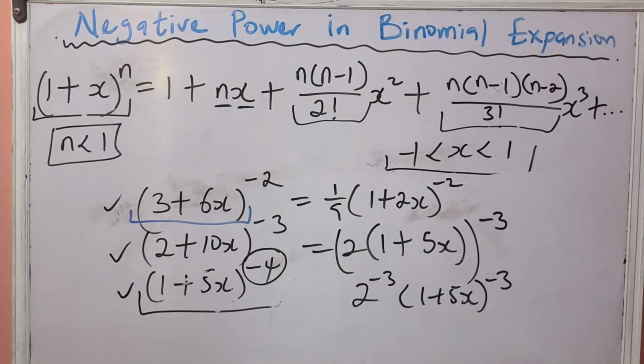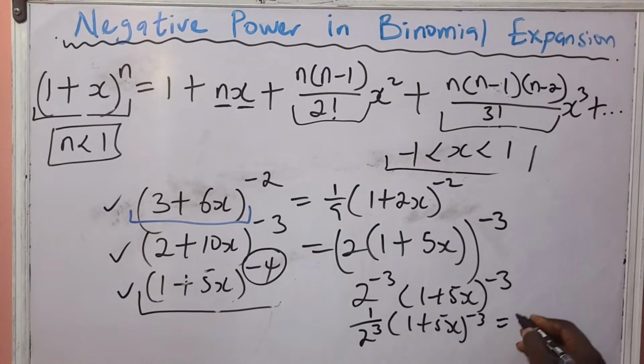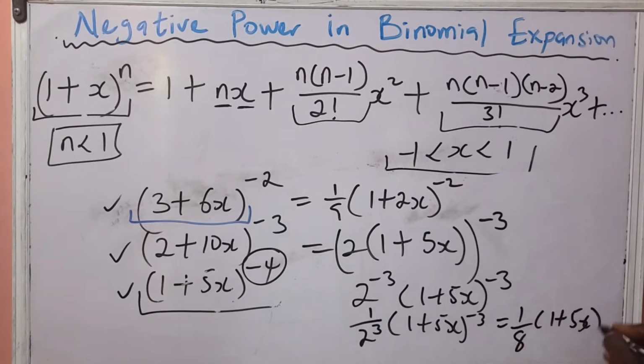You see the way we established that already, the splitting of the expression mathematically. So this will be 1 over 2 raised to the power 3, then (1 plus 5x) raised to the power minus 3, which will finally give you 1 over 8, then (1 plus 5x) raised to the power minus 3.